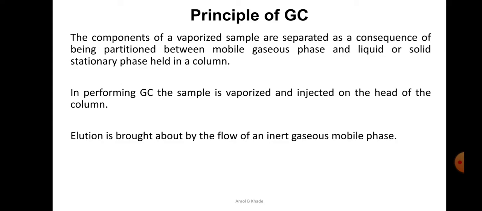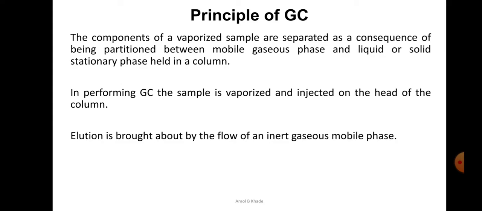Our solute components are usually converted into vapor form, and this vapor is injected in a column which has a solid stationary phase or a liquid stationary phase. If you have a solid stationary phase, the mechanism is based on adsorption. Each solute will have its own adsorption time on the solid stationary phase with the pressure of the carrier gas, and the solute components will be separated as they migrate inside the column.